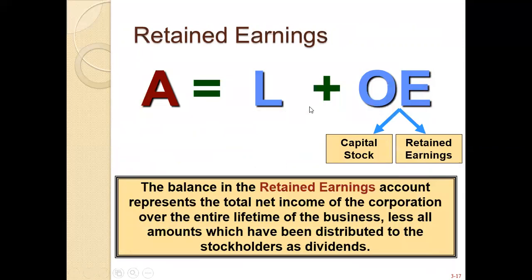What is the net income right now? Retained earnings. Now we will be helped by the debit and credit rules for capital stock and retained earnings. In owner's equity, we have capital stock and retained earnings. The balance of the retained earnings account represents the total net income of the corporation over the entire lifetime of the business, less all the amounts which have been distributed to the stakeholders as dividends. Fine, we provide the dividend to the shareholders.